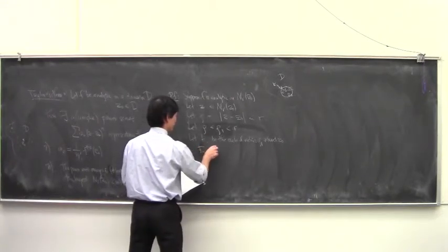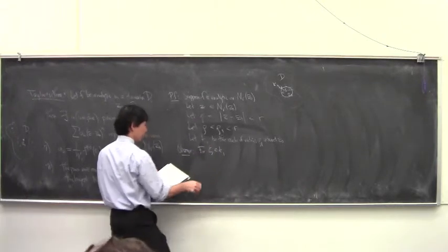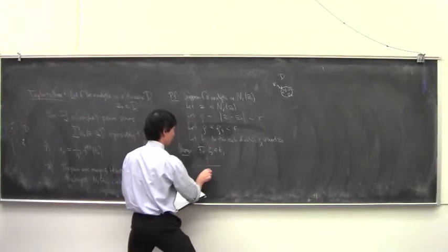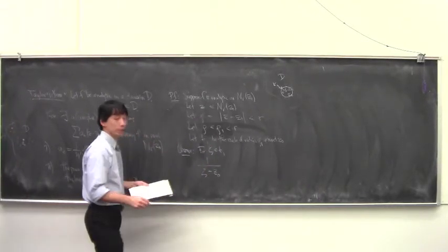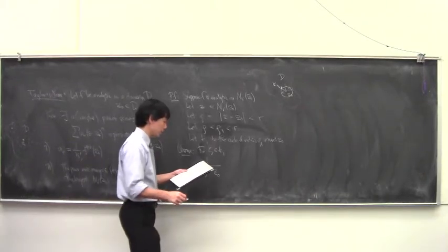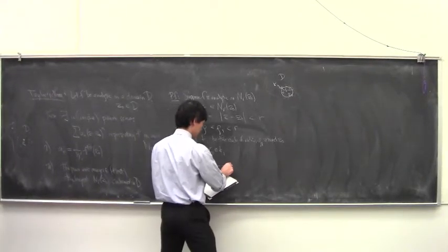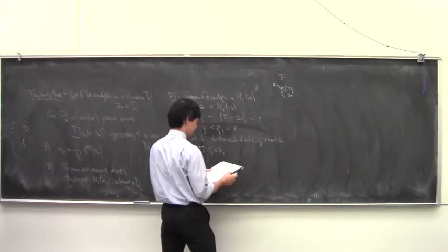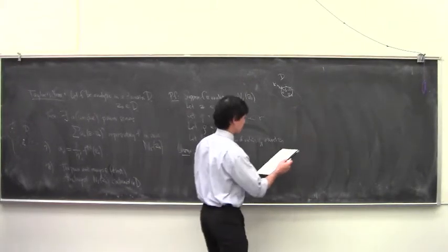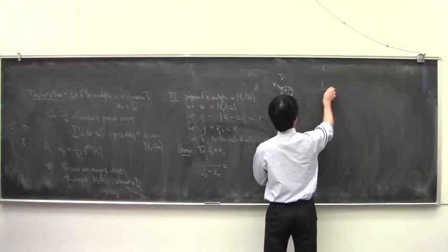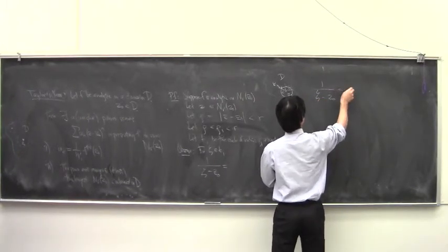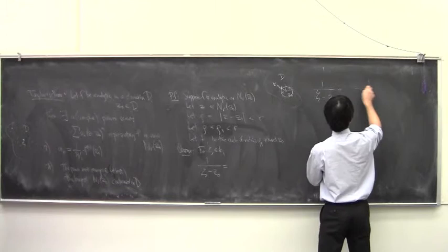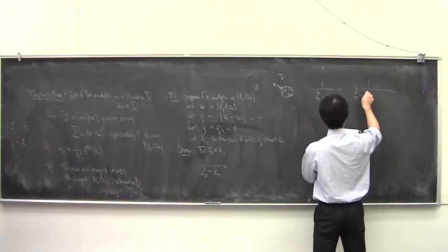For zeta on K1, if we consider 1 over zeta minus z, we can rewrite this as 1 over this minus 1.